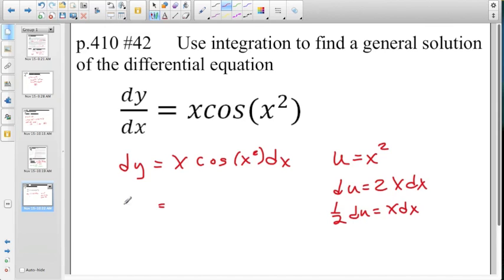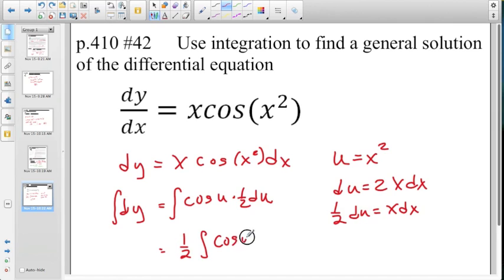So substituting this out then gets us cosine of u times 1/2 du. And setting this up for integration, then we can just throw an integral sign out front, and I'm going to pull out the half, we're going to be integrating cosine u du.